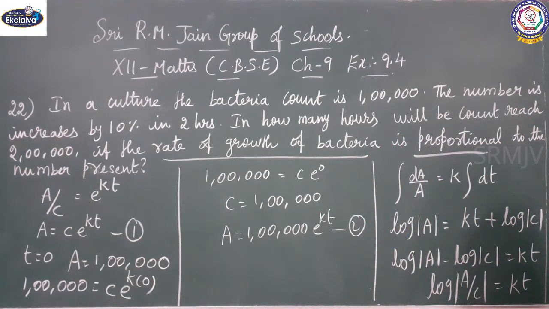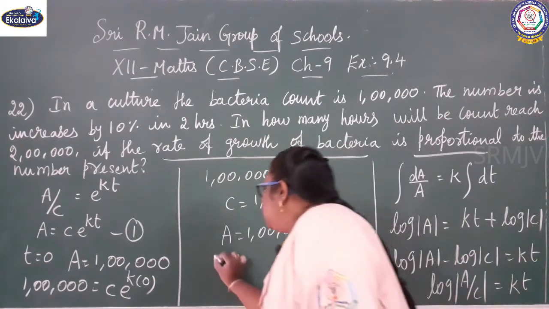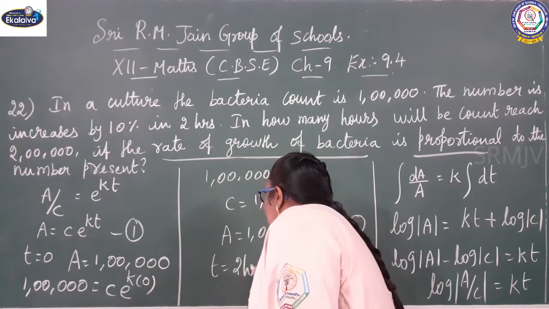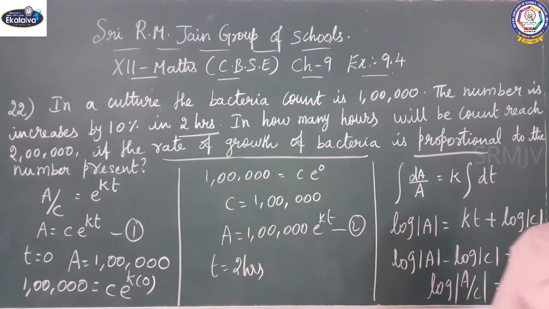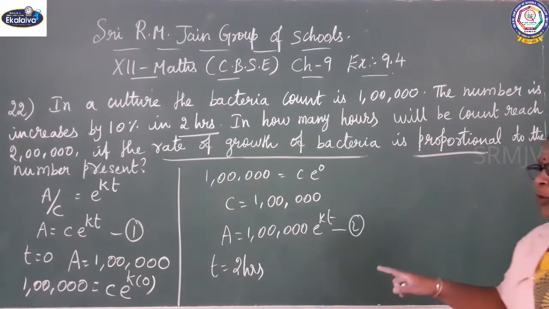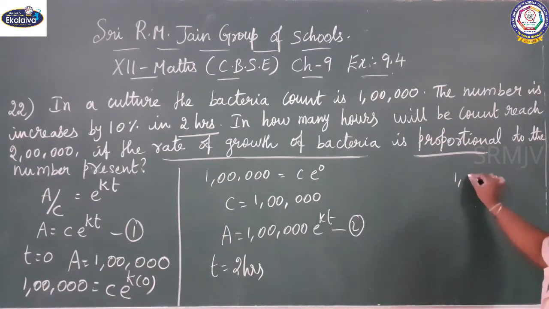After 2 hours, that is T equal to 2 hours, the bacteria will be increased by 10%. 10% means 1 lakh into 10 by 100. You can do it in your calculator.